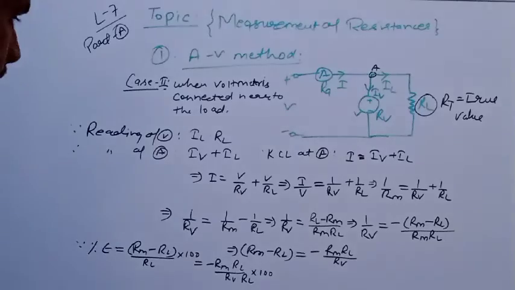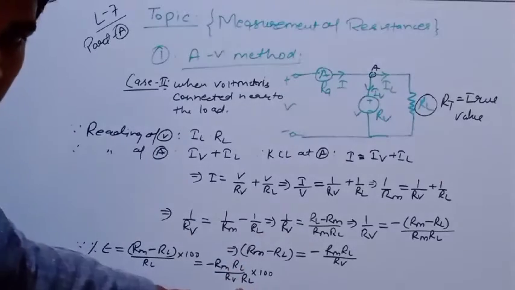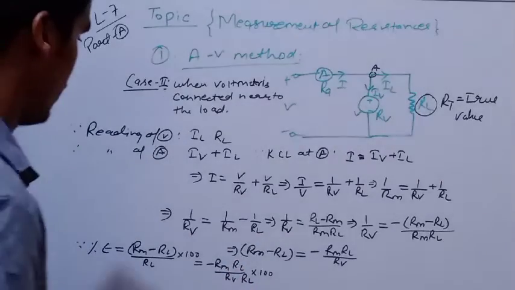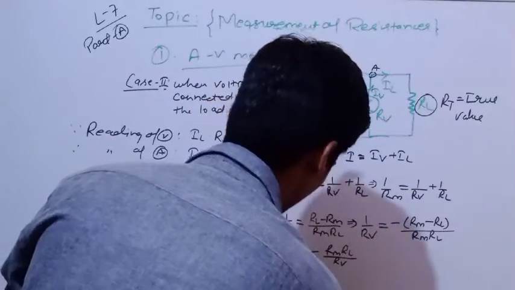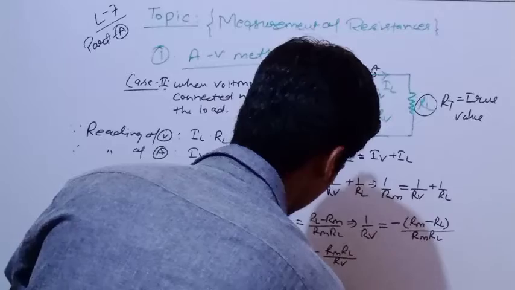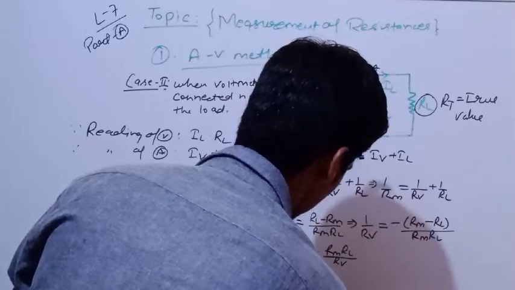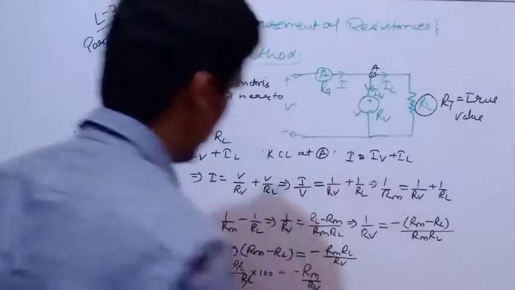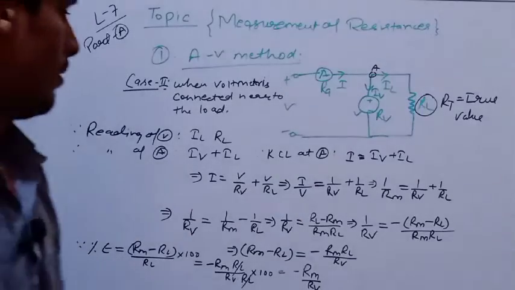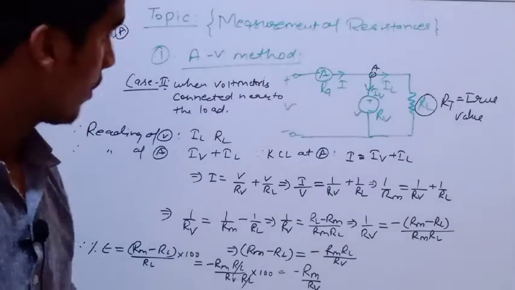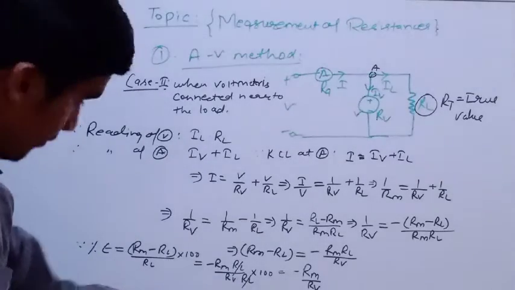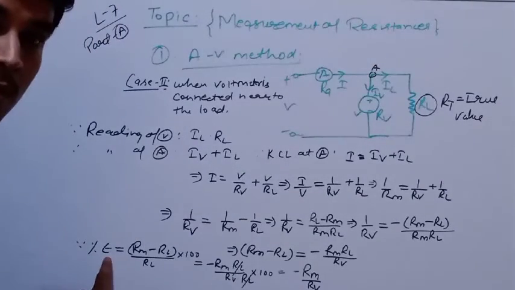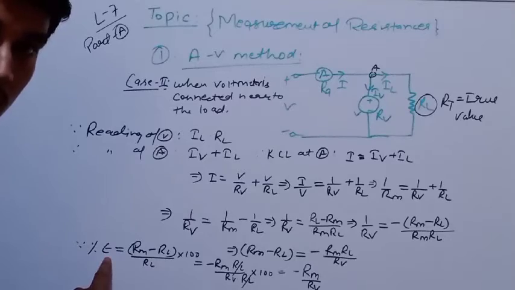Here RL and RL will get cancelled, and you will get minus RM upon RV. So this will be the error. Here if RV is high, then the error will be low.